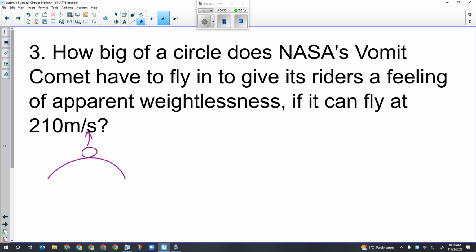We're going to have Fn and Fg, except that we're not going to have Fn because we're apparently weightless. So there's no Fn. So really, what we're left with is that Fc equals forces in, gravity, minus nothing, because there's no forces out. So we're going to have mv squared over r equals m times g, and we're solving for r on this one.